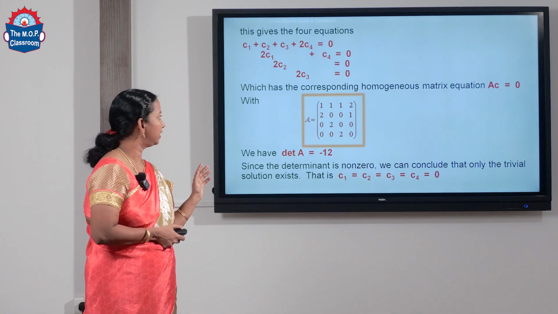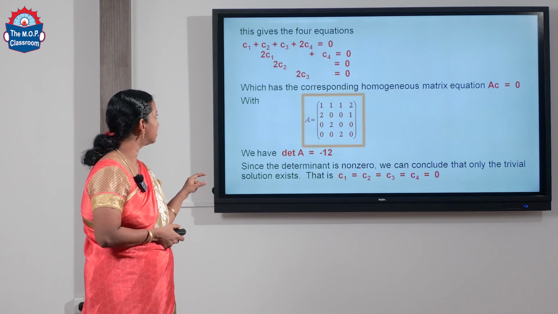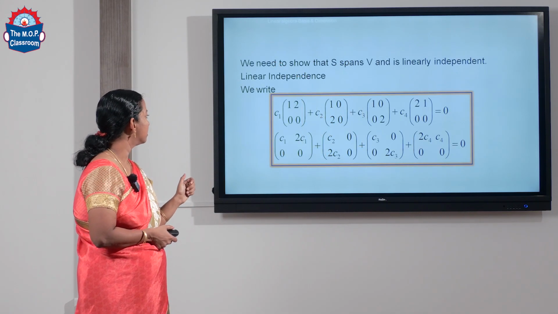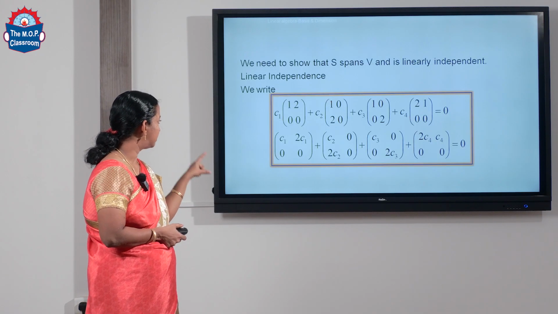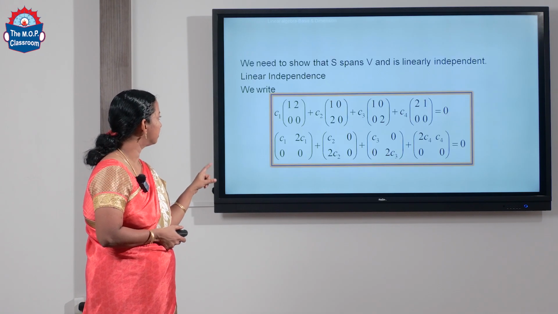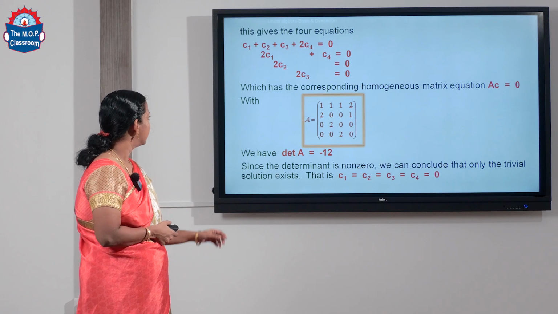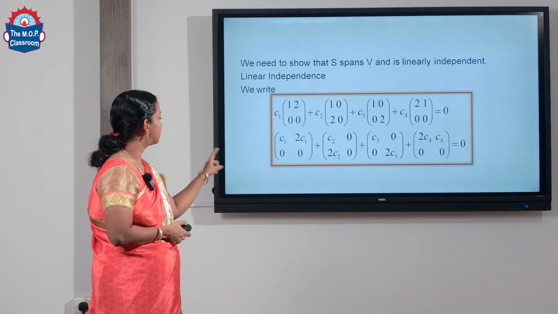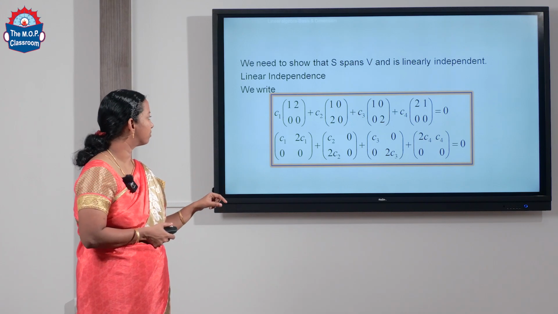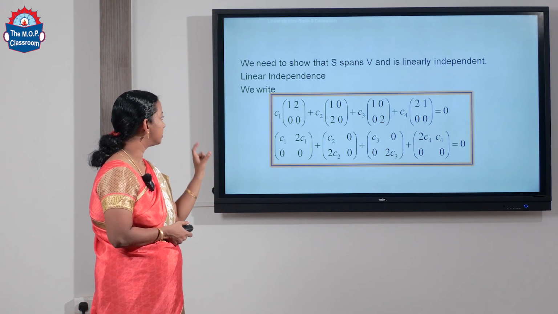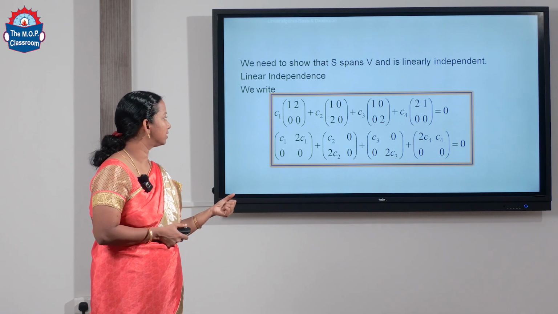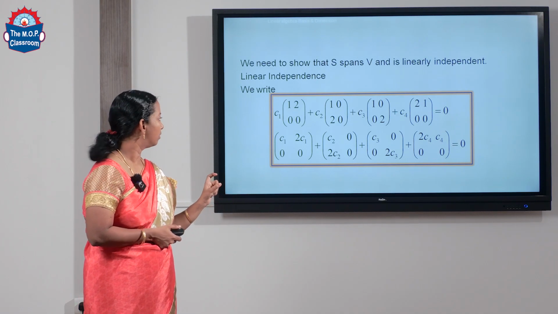Now we shall write this as equations. Taking the first row, that is C1 plus C2 plus C3 plus 2C4. Next, the second entry: 2C1 plus 0C2 plus 0C3 plus 1C4.